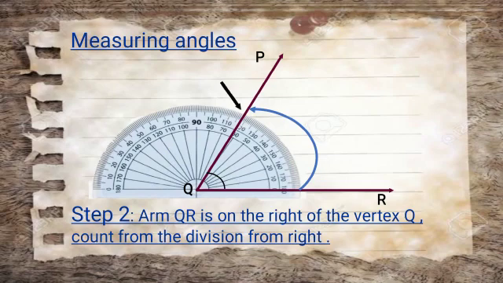Then you have to mark the position where the ray exactly meets, and then you are going to write the measurement. As you can see in the diagram, ray QP indicates the measure as 62. So here the angle PQR is equal to 62 degree. I hope this concept is clear to you.